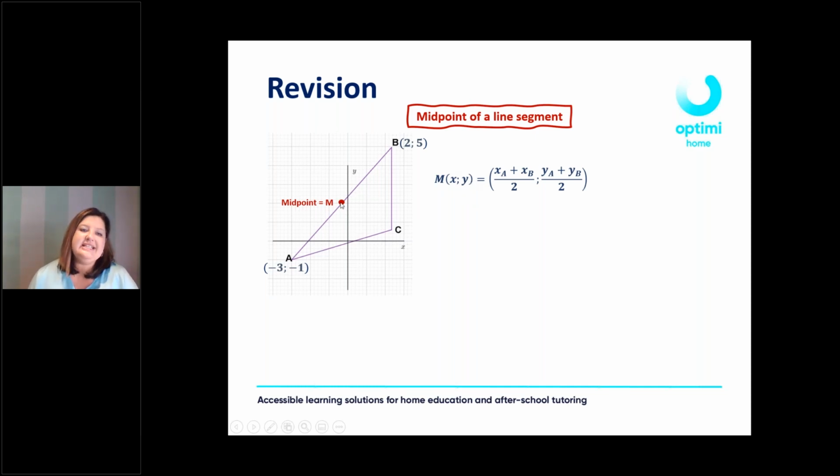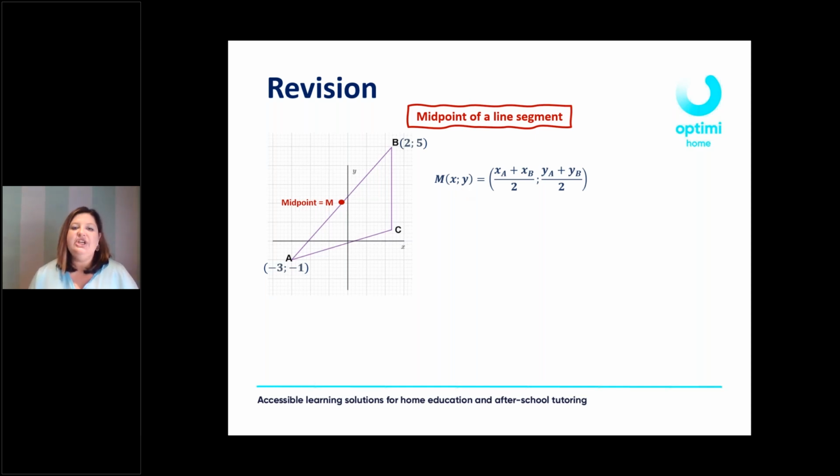They want to know what is that point there in the middle. So the point in the middle is also a coordinate pair. It has an x value and it has a y value.